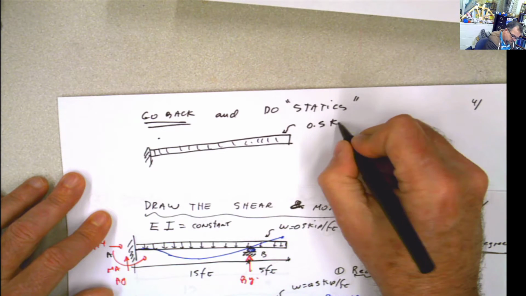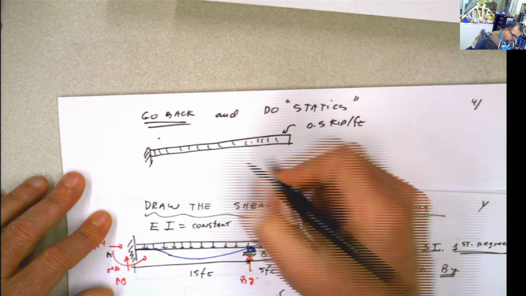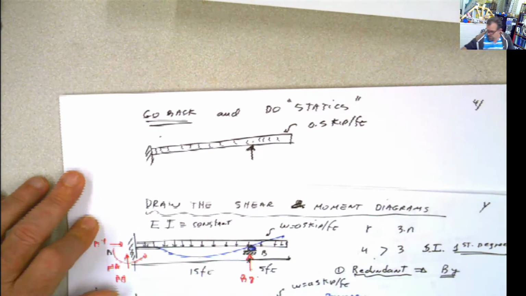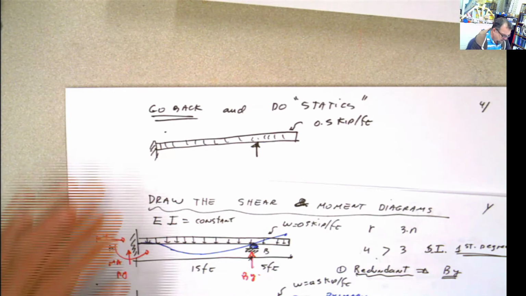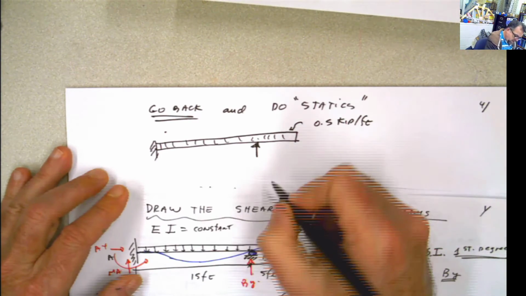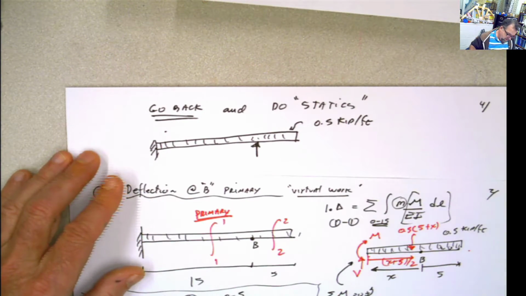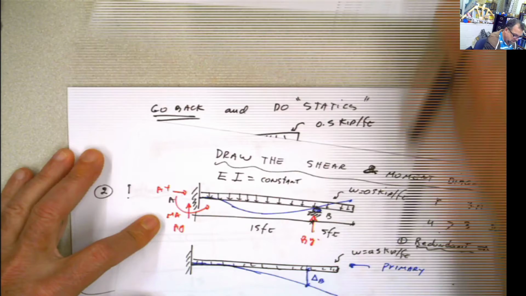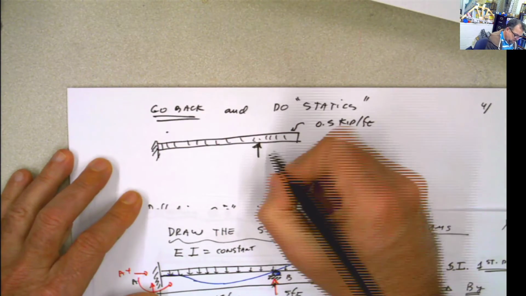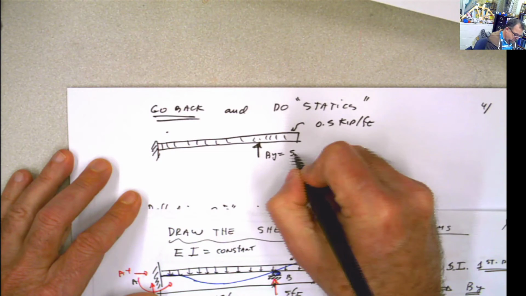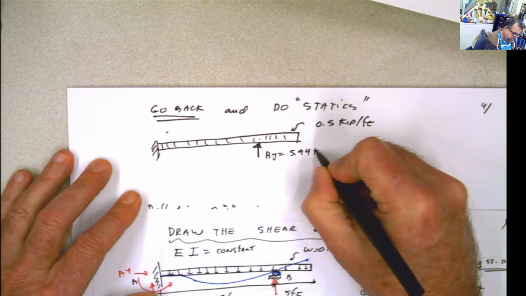0.5 kip per foot. And I know the value now for the reaction, because I just calculated that reaction and the value was 5.94. So I put that value over there. By equals 5.94 kip.